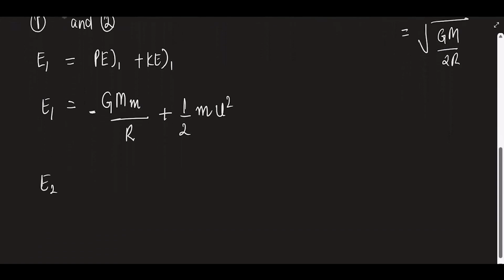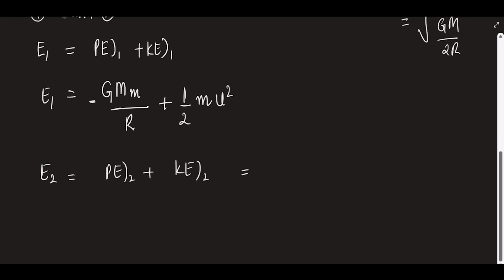Similarly, if we find the energy at 2, it is the potential energy at the second point plus the kinetic energy at the second point. At the second point the distance changes from r to 2r, so the new potential will have 2r.